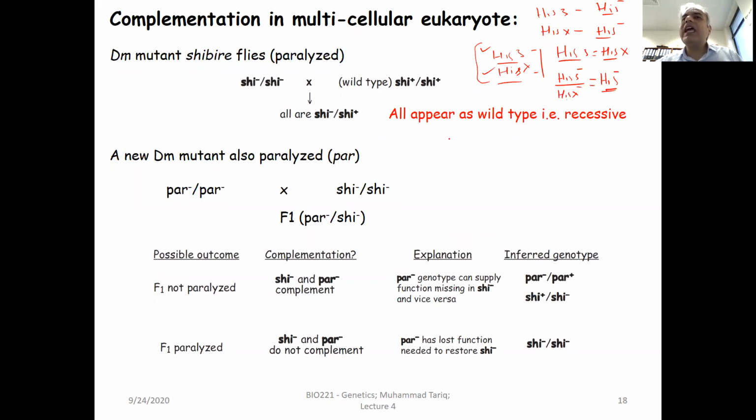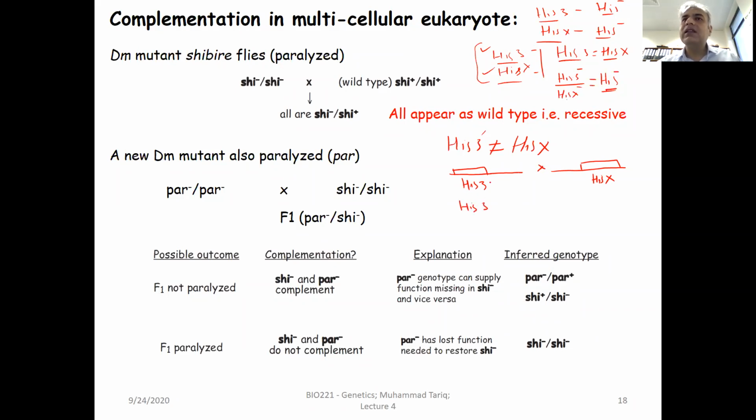However, if we have his 3 and his X in two independent genes, let me try to draw independent genes. Let's say one is the his 3 gene, and the his X is on a totally different chromosome somewhere here. And independently, we already know they are recessive. Okay. Now, when we cross them together, what will happen?